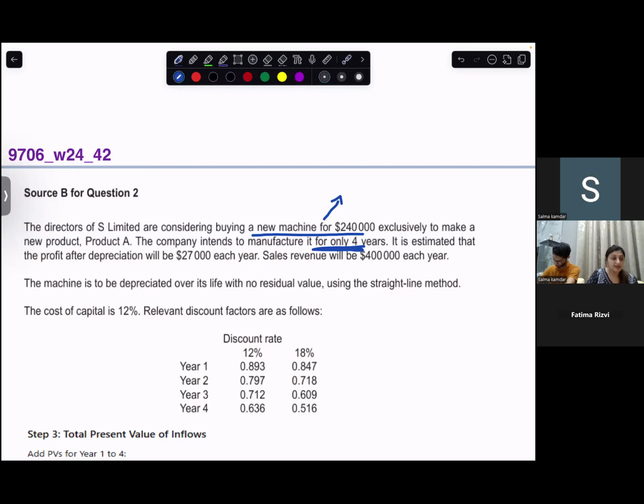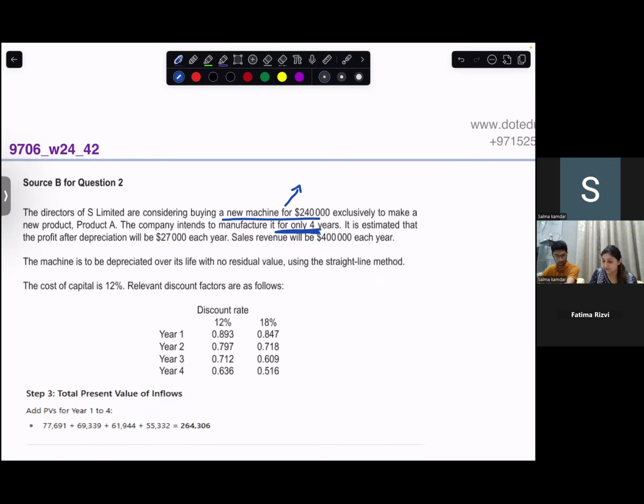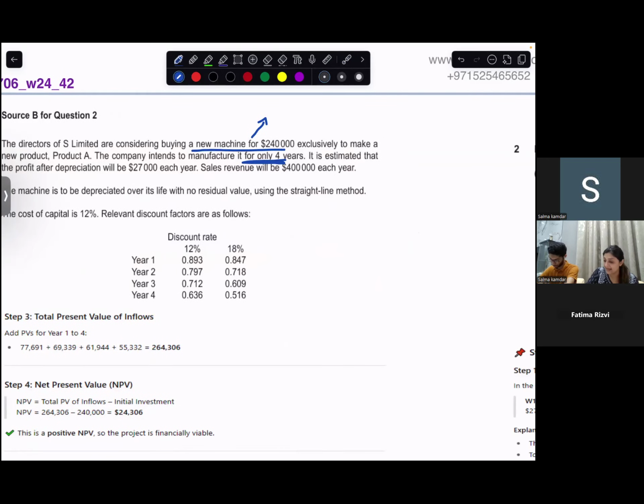So now this information is going to give us what? From this information, I derive that my asset is worth how much? 27,000.